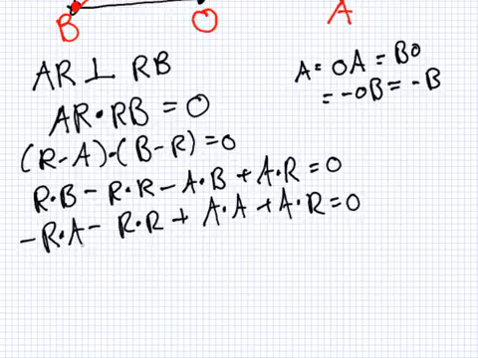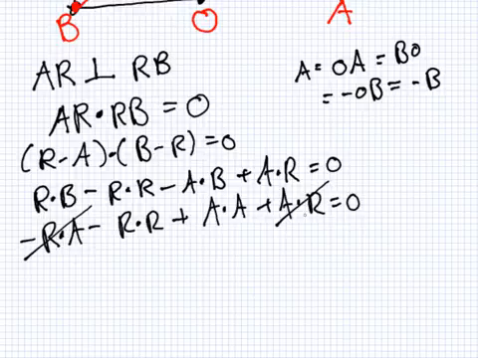Now, two things cancel here. What cancels? The A dot R is the same as minus R dot A, so this cancels this, yes? But they should add up, not cancel.